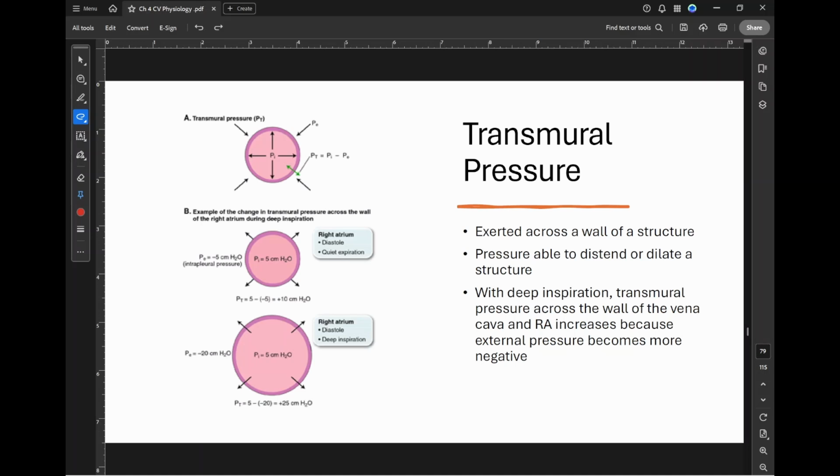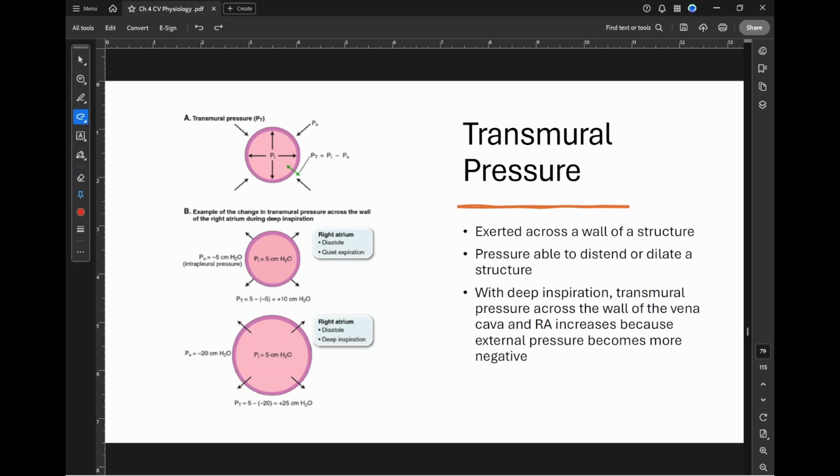Transmural pressure, and this is going to explain a little bit why when you breathe in deep, it causes a suction. Transmural pressure is exerted across the wall of a structure. So, with deep inspiration, the transmural pressure across the wall, this is during quiet expiration, here's deep inspiration. Do you see how this vessel popped open and how much bigger it got?